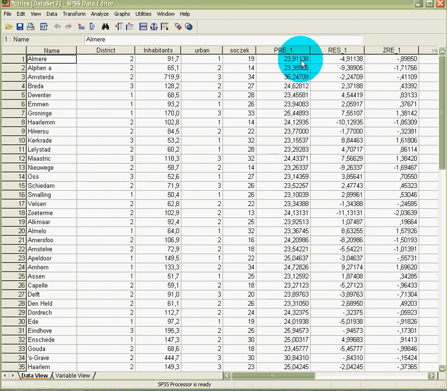So this prediction, how should it be seen? We just saw the coefficients of the line, and if you make a prediction with this line, for instance, you plug in 91,000 inhabitants, the prediction would be, let's say, a little under 24% of people living on Social Security, while actually there were 19% of the people living in Almere on Social Security.